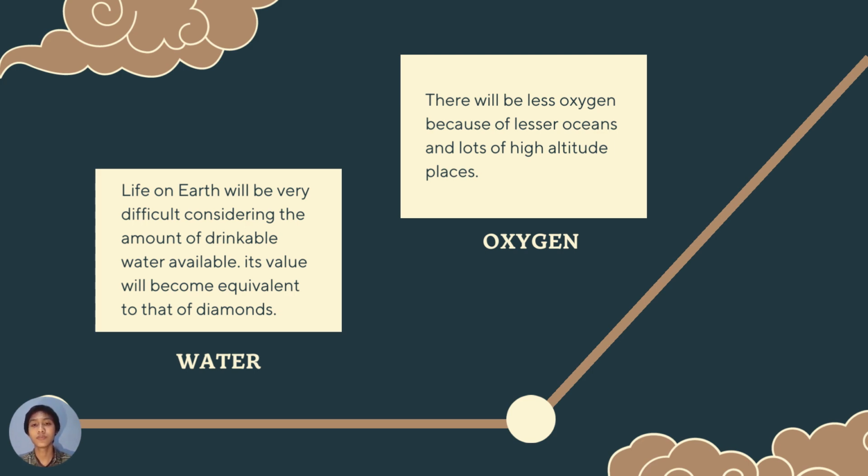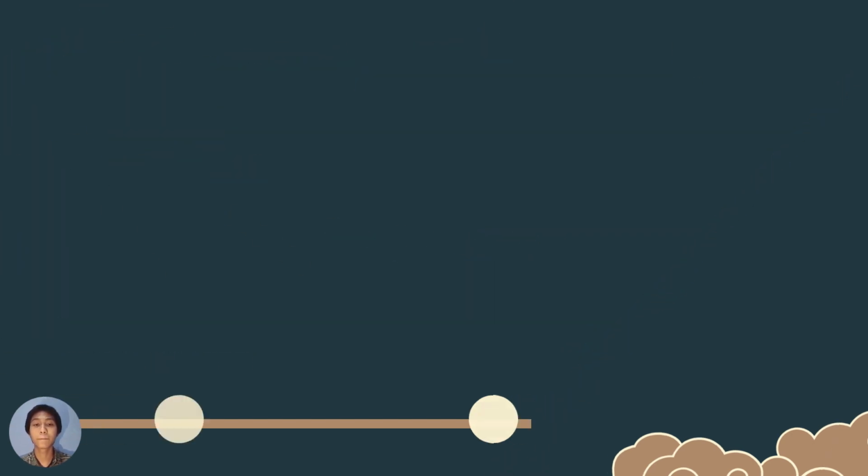Even with the hotter climate, the evaporation will still mostly consist of salt, which is bad. The oxygen will not be as much as now, and the high altitude places don't help in that case. They will most probably be devoid of oxygen, as we all know.